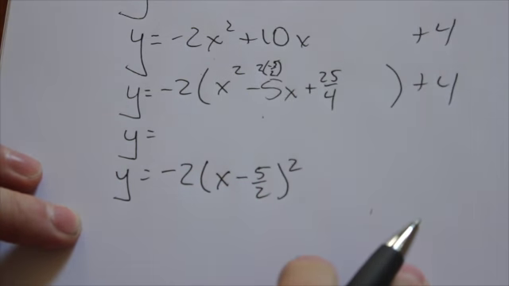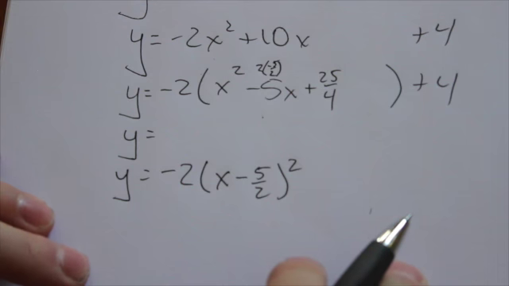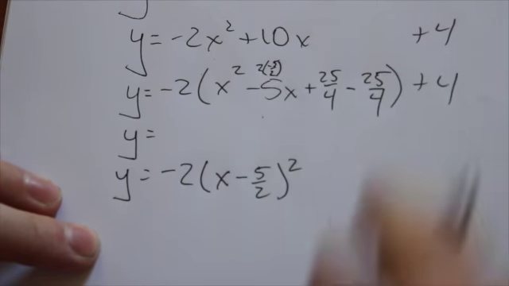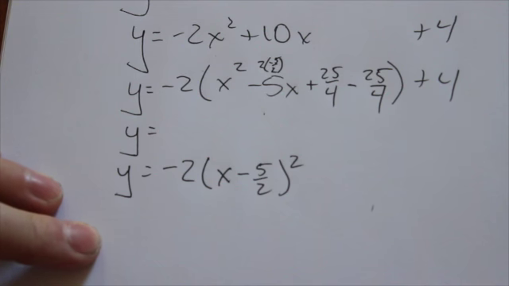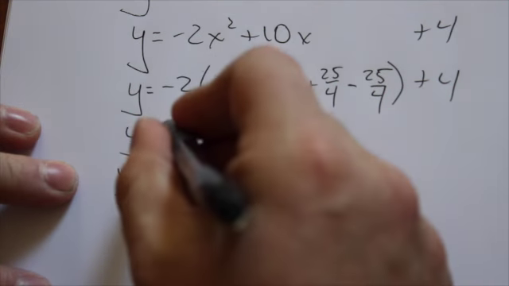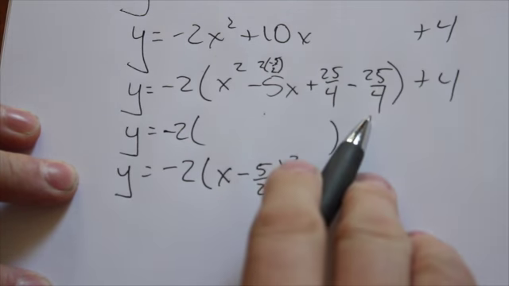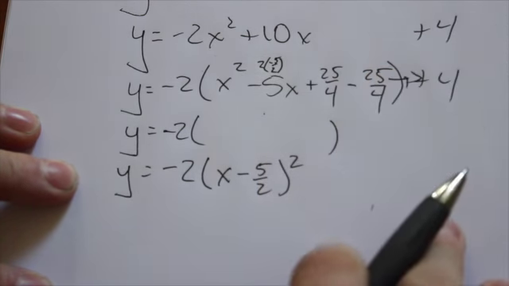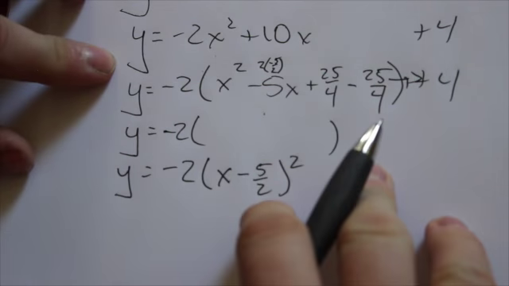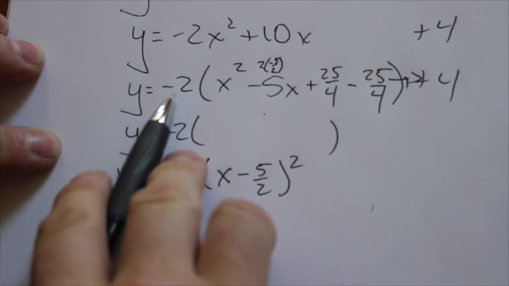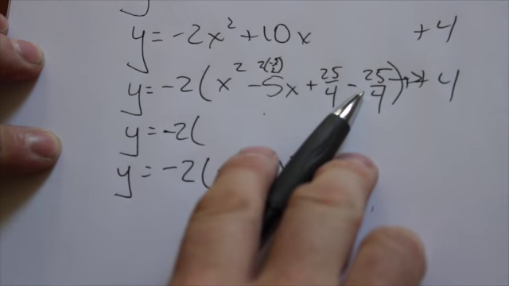Remember, it shouldn't take you much effort to square that: just the numerator and the denominator. You add the 25 over 4, you subtract the 25 over 4. Now in our next step, we want to take that negative term out. We want to push it through that set of brackets, and the only way to do that is to distribute that negative 2 out front to that term.